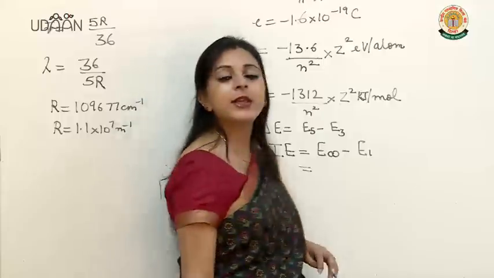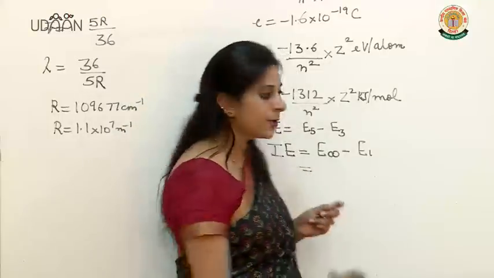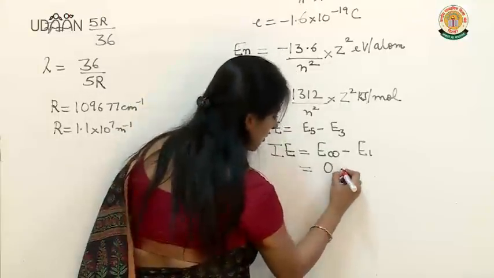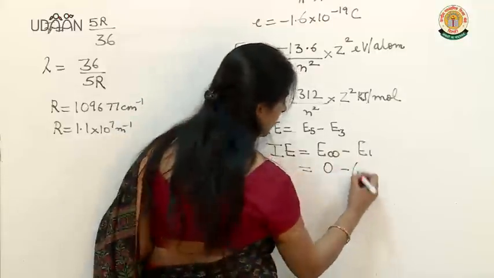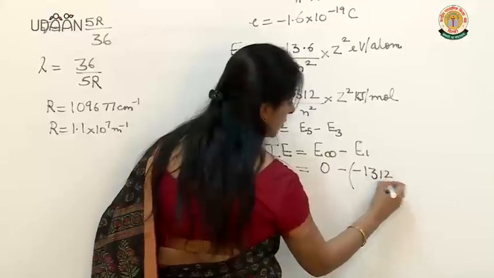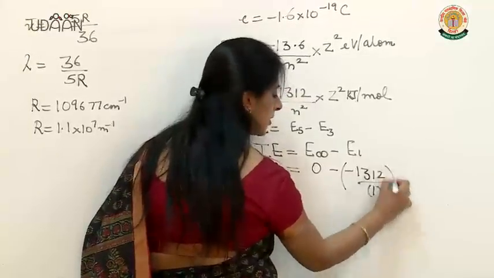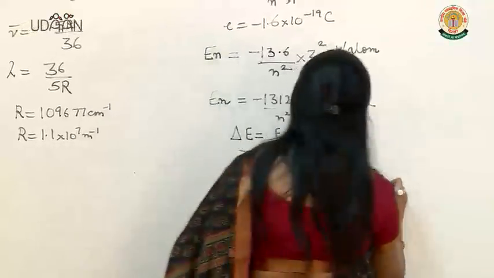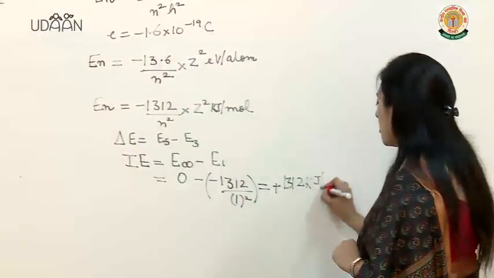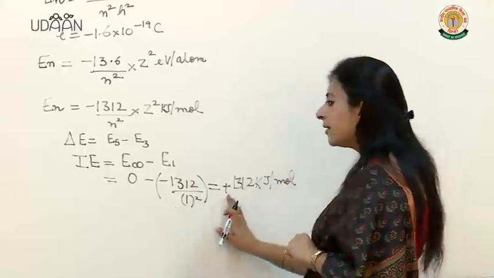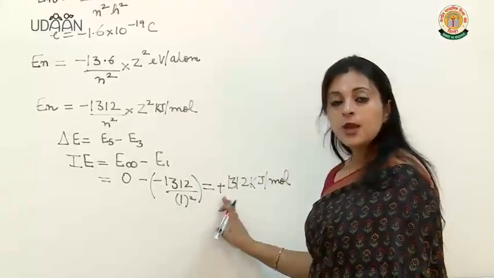Energy of an electron in the infinite orbit is 0, so I will take it as 0. Then I will calculate the energy in the first orbit. I will put the formula minus 1312 by 1 square into n square, that is also 1. My answer would be plus 1312 kilojoule per mole. Now, why am I getting a positive sign here?